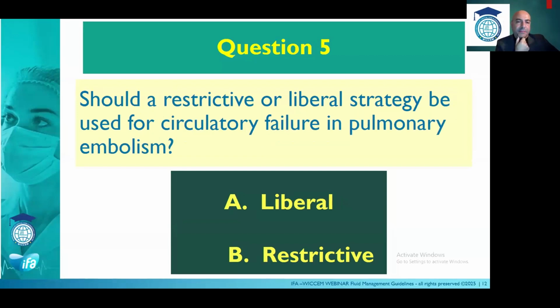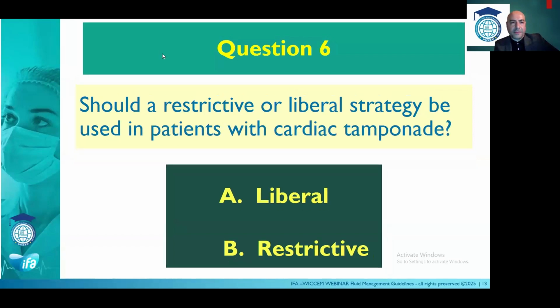Again, the vast majority, more than 80%, are voting for a restrictive approach. Very nice. Again, stay tuned to help you answer all of these questions. Number 6, the question is, should a restrictive or liberal strategy be used in patients with cardiac tamponade?